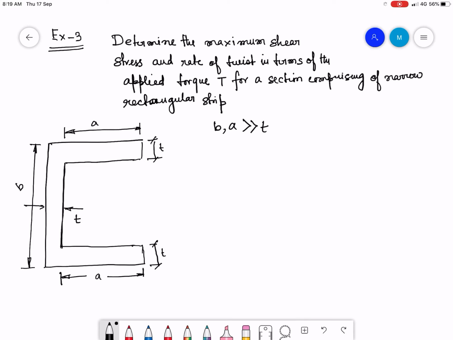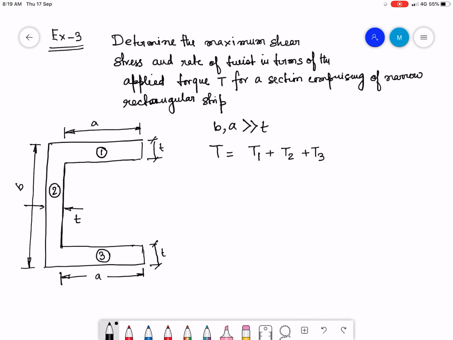So I can say that the applied torque T can be thought of as resisted by three components, T1 plus T2 plus T3. T1 is the torque resisted by portion 1, T2 by portion 2, and T3 by portion 3.